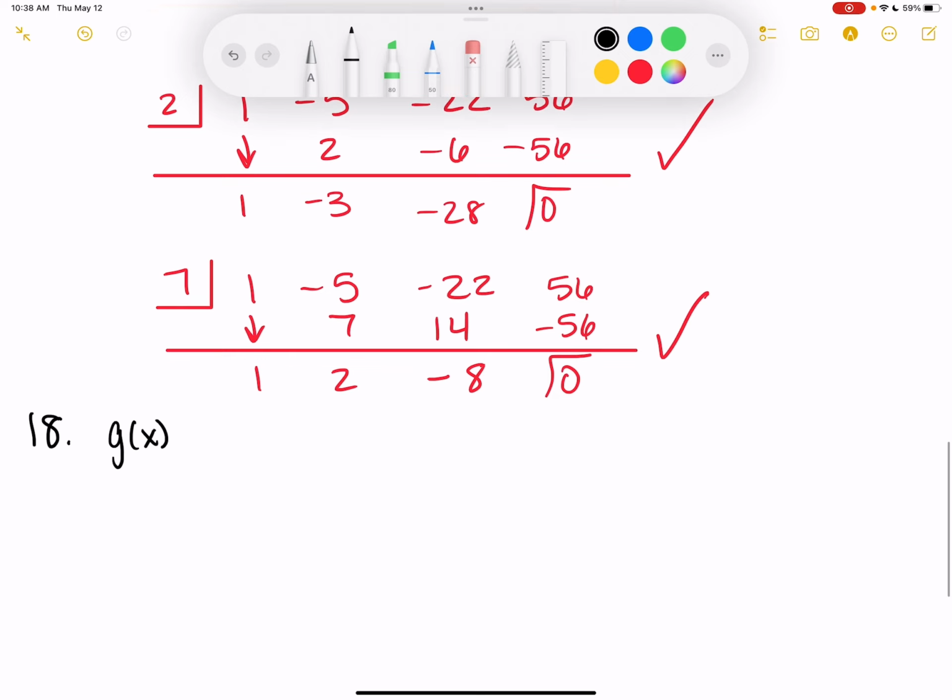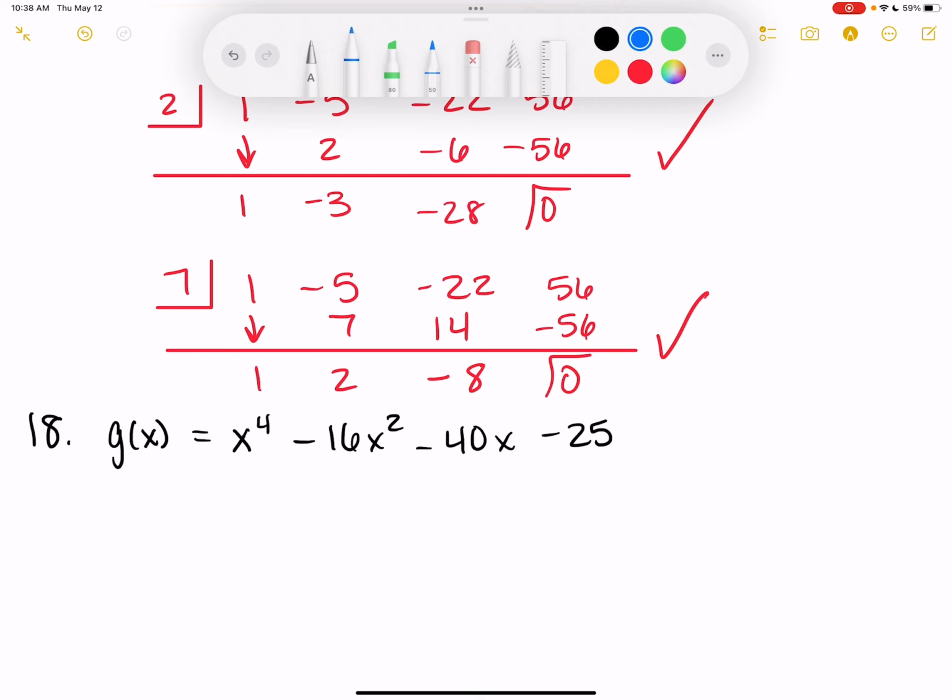All right, g of x equals x to the 4th minus 16x squared minus 40x minus 25. When you get to synthetic, it will matter.